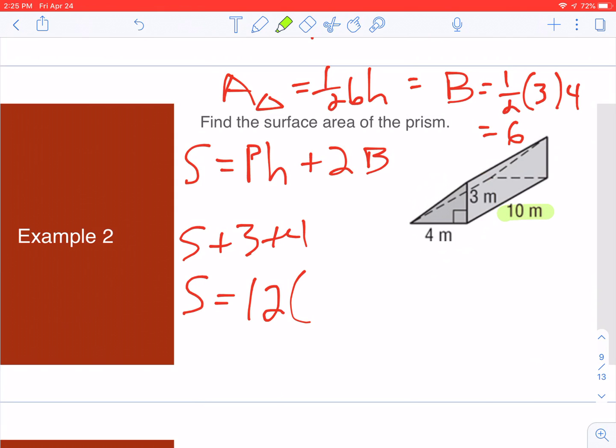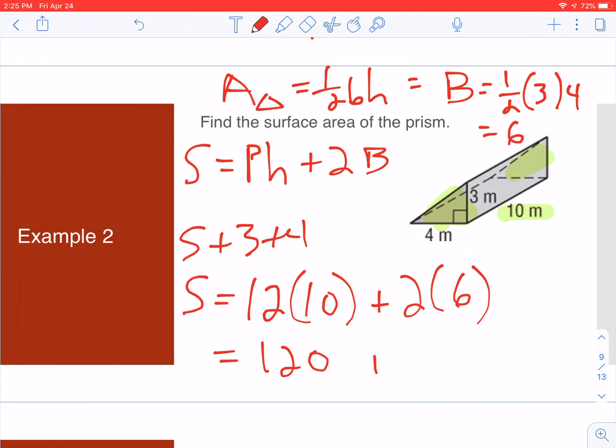Why is it 10? It is the distance between the 2 bases. The height is not 3, the height is not 4, the height is 10. Plus 2 times 6 equals 120, plus 12 equals 132 meters squared. That is the area of all the surfaces.